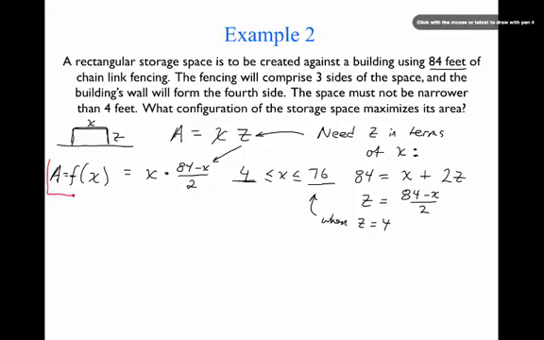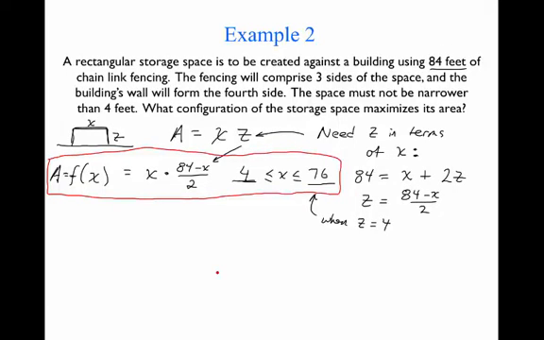Okay, so like I said, half the battle here, or sometimes most of the battle, is getting this function and its domain. We've got the function whose output is area. That's what we want to maximize. It's in one variable, and we've got the domain. This stuff over here is absolutely necessary, but what is it necessary for?